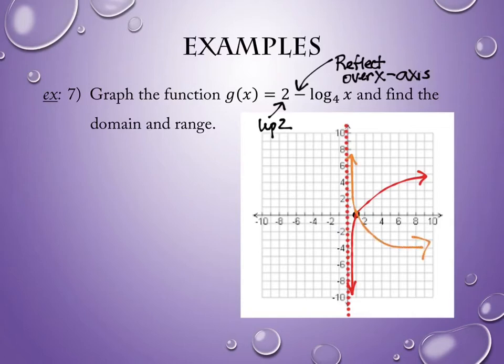Up, down, up, okay? And then I need to take that graph and I need to shift it up 2. So my shift up 2 would put me here with that particular point that I had originally plotted on the x-axis. And it would look something like this.